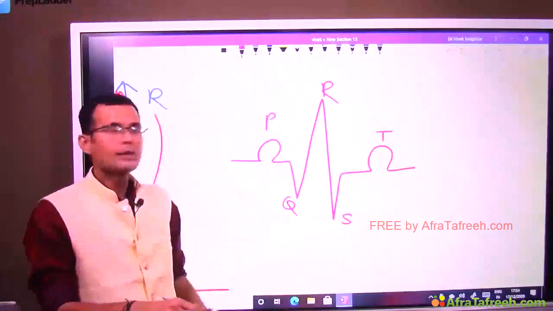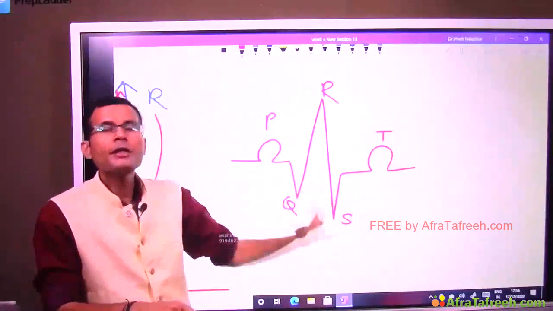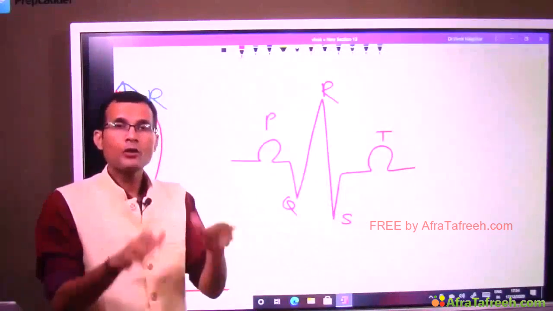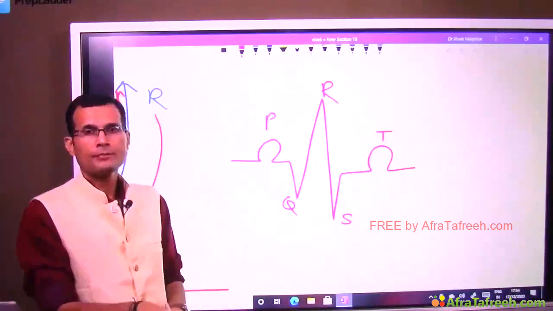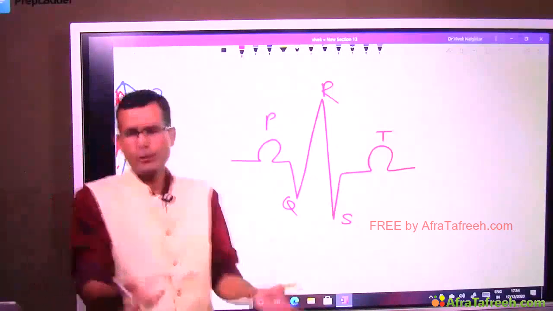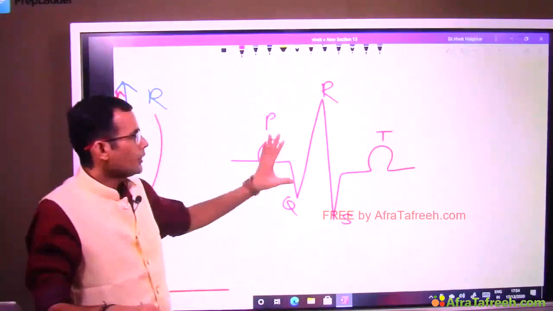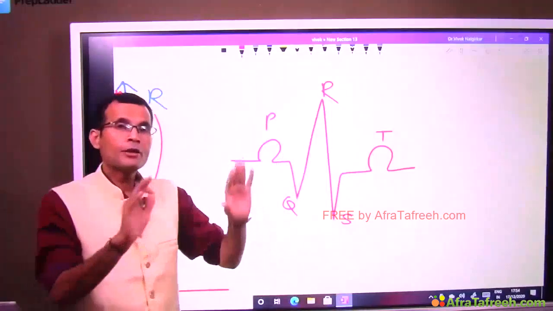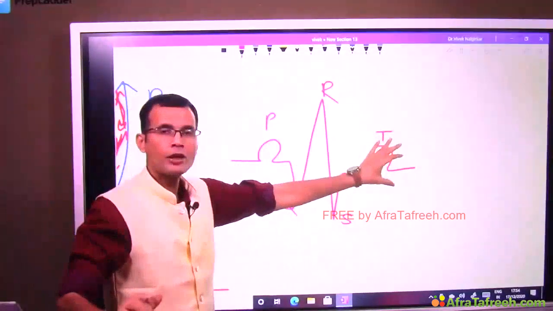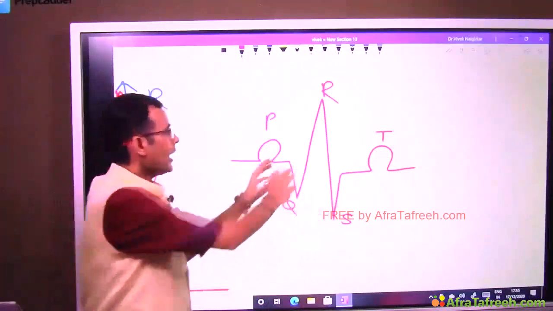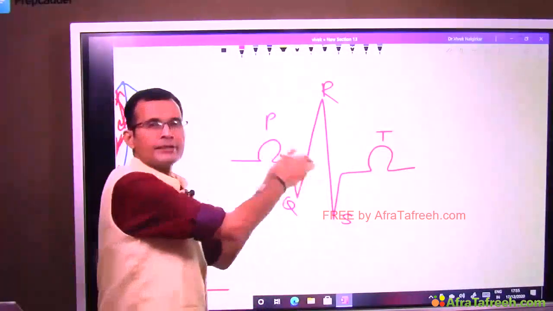QRS complex represents ventricular depolarization and T wave represents ventricular repolarization, right? If you have done ECG before this, you will know what I am saying. Now, ventricular depolarization and ventricular repolarization, they both are upright. They both are in the same direction.